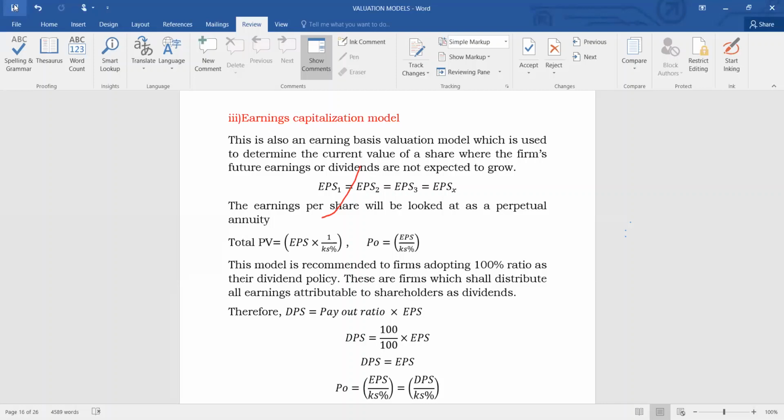The third model, the earnings capitalization model, sometimes referred to as the capitalization of earnings basis. This valuation approach is used to value shares of a firm under certain conditions, where the firm's historical or future earnings have remained relatively equal or constant.